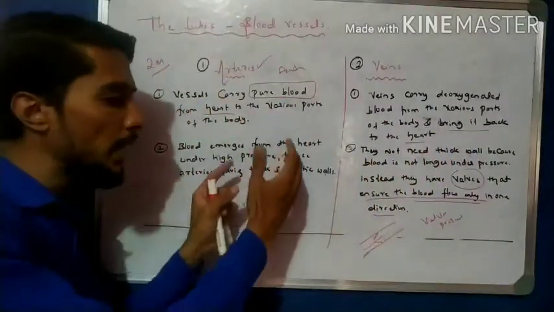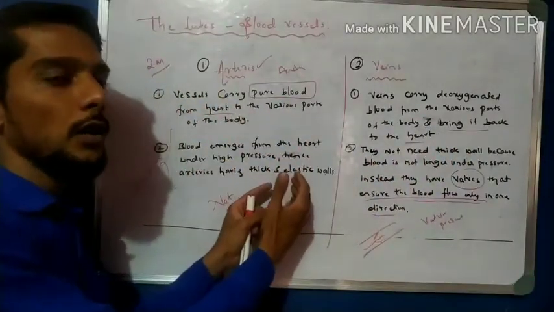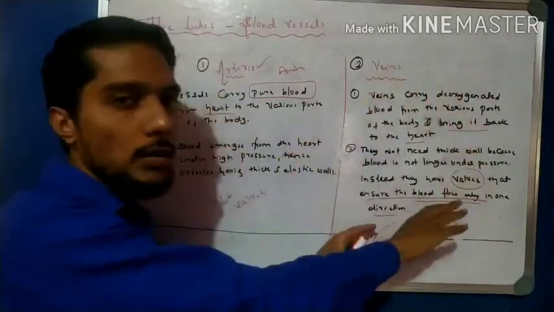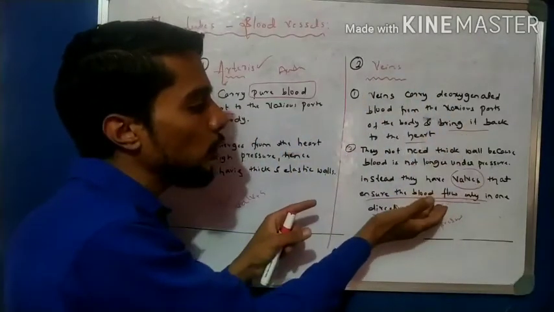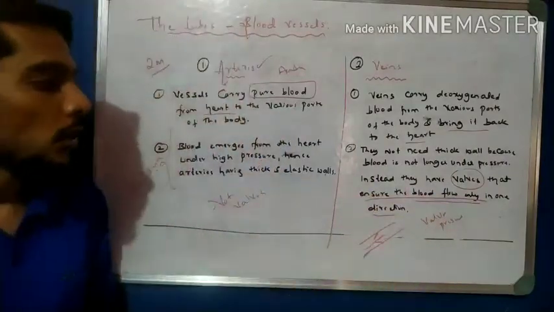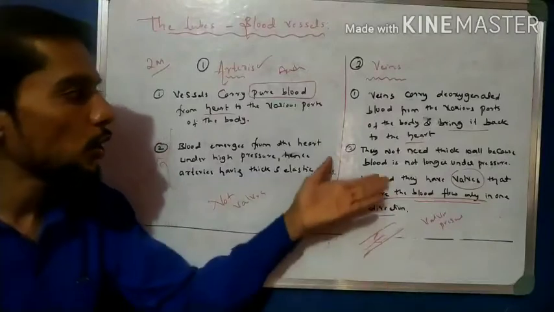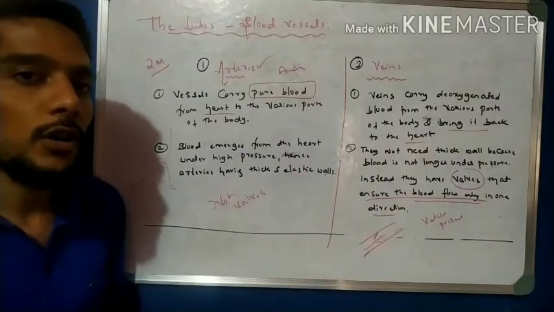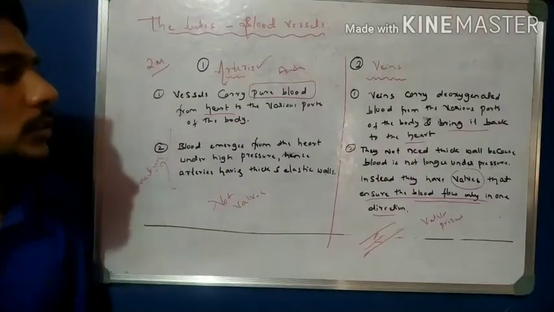Because of the high pressure, arteries have elastic and thick walls. Veins do not have high pressure; instead they have valves, whose function is to ensure that blood flows in only one direction and to avoid the backflow of blood. These are very important points to note down, students. Okay, please note this down and then we come to another very important concept, that is capillaries. First note down this one.